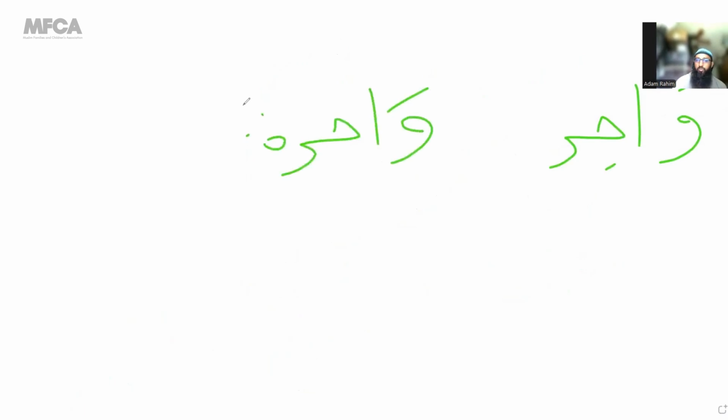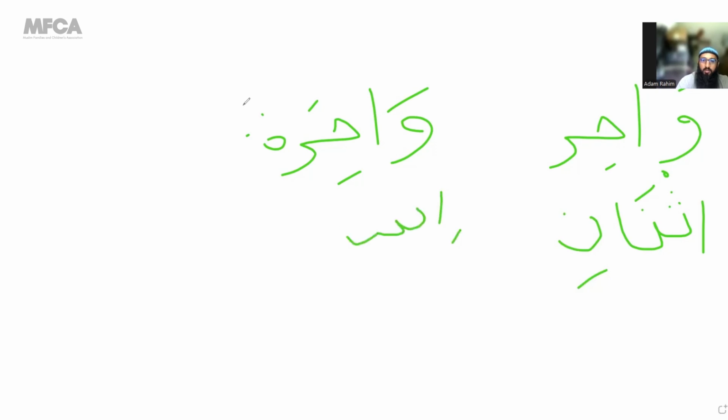So we have واحد, and we just add a ta marbuta, واحدة, which turns it into feminine. We have اثنان, اثنتان.